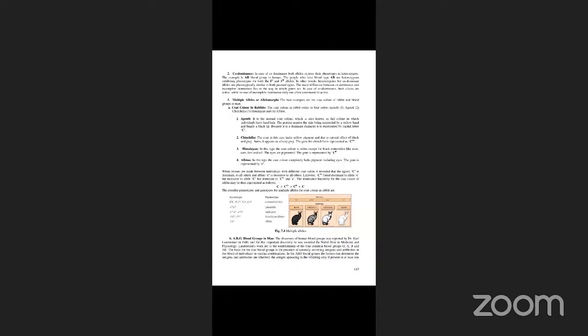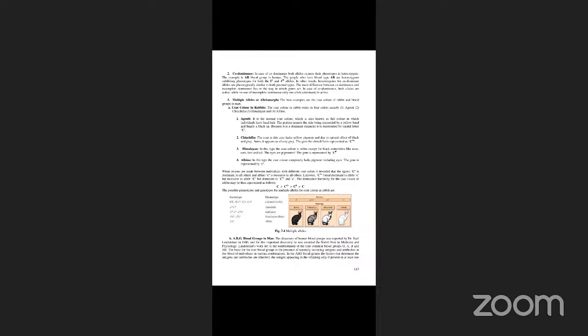The discovery of human blood groups was reported by Karl Landsteiner in 1900. For this important discovery, he was awarded the Nobel Prize in Physiology or Medicine. Landsteiner's work led to the establishment of four common blood groups: O, A, B, and AB. Here they have antigens and antibodies are produced.